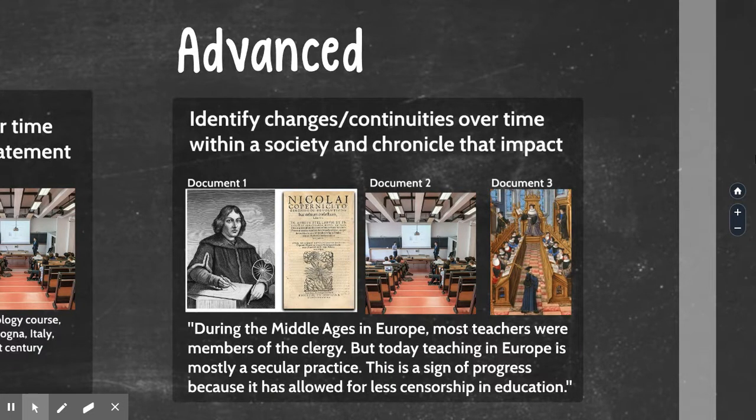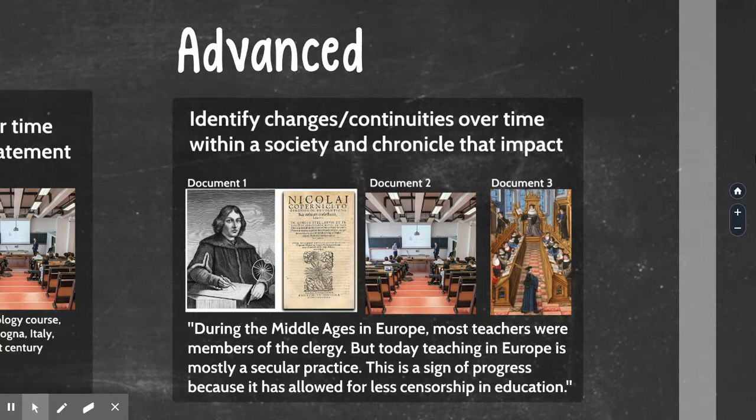During the Middle Ages in Europe, most teachers were members of the clergy, but today, teaching in Europe is mostly a secular practice. This is a sign of progress because, now here is where we have an advanced version of this question or this answer, because it has allowed for less censorship in education.